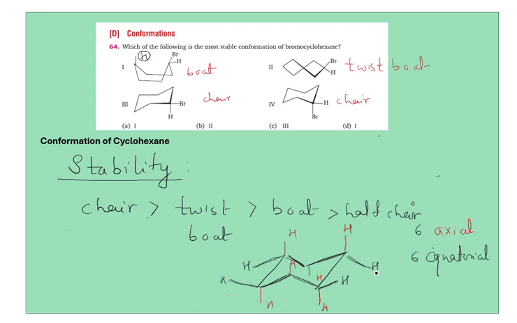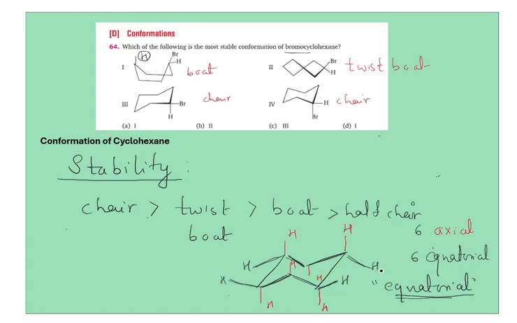When all of them are hydrogens, the repulsion or the steric hindrance will not be considered because hydrogen size is very small. But whenever you have a bulky group, that is methyl, bromo, tertiary butyl, anything other than hydrogen we are talking about here, they always prefer to take up the equatorial position. This is the key factor which will help you to answer this question. Okay, so equatorial position.